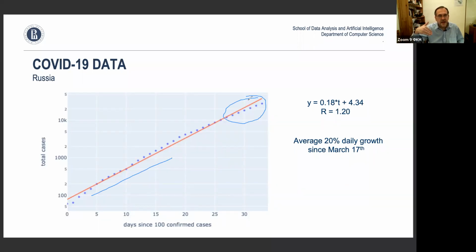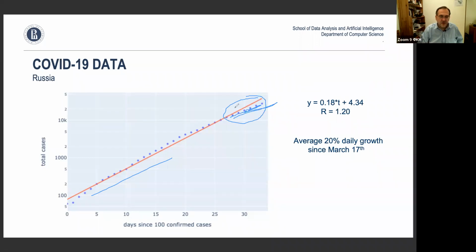Which means that our model, this insane quick growth every day by 20%, is overestimating. In other words, infection is slowing down a little bit. So this 20% is what we have over the last 30, 35 days. Now it's a little slower.